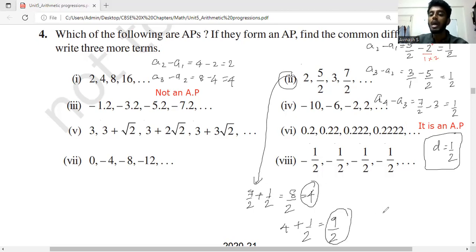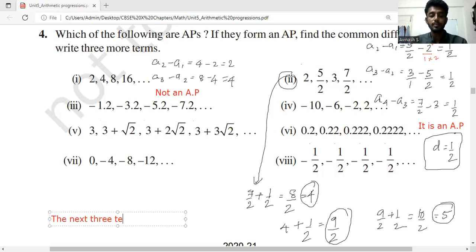Again to 9 by 2, you add 1 by 2, the common difference. You get 10 by 2, which is 5. That will be the next term. So the next 3 terms are 4, 9 by 2, and 5. This is how we conclude for the second subdivision.